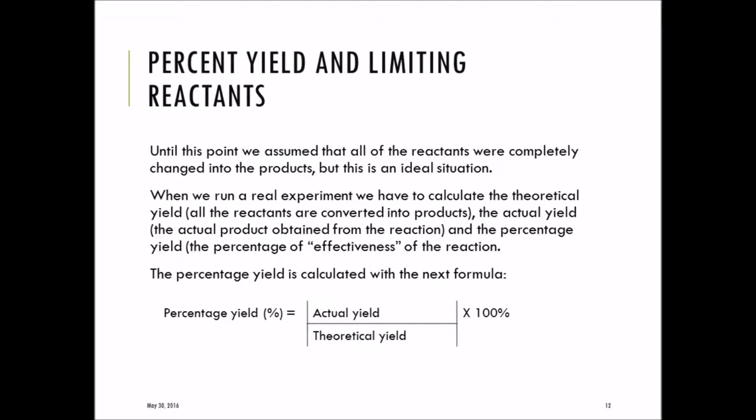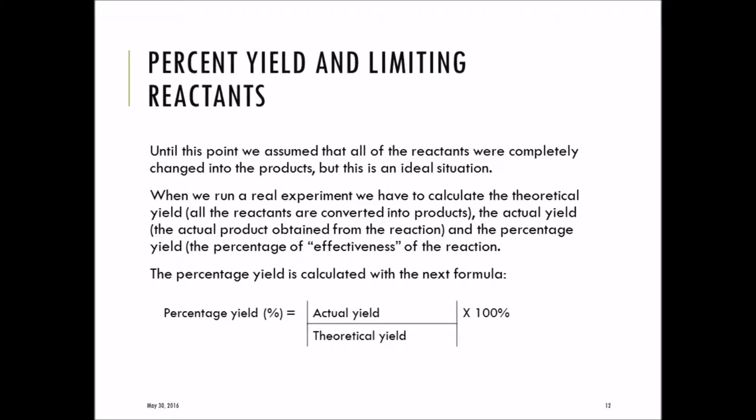In the lab, we always have a residue, a small amount of one of the reactants left. And this creates a percentage yield, and we have to calculate it by the formula.